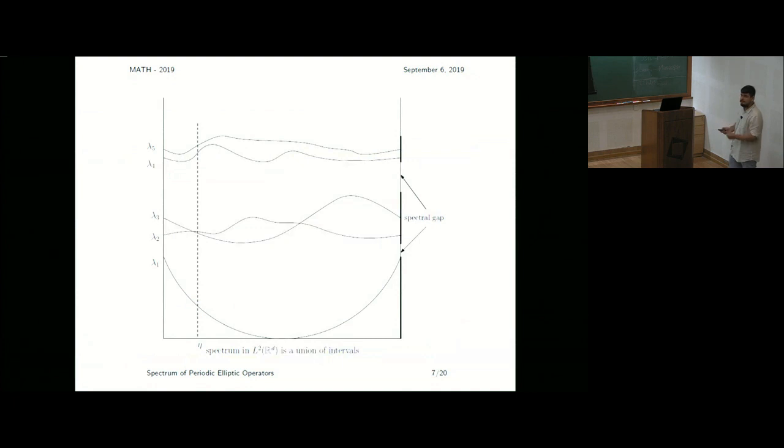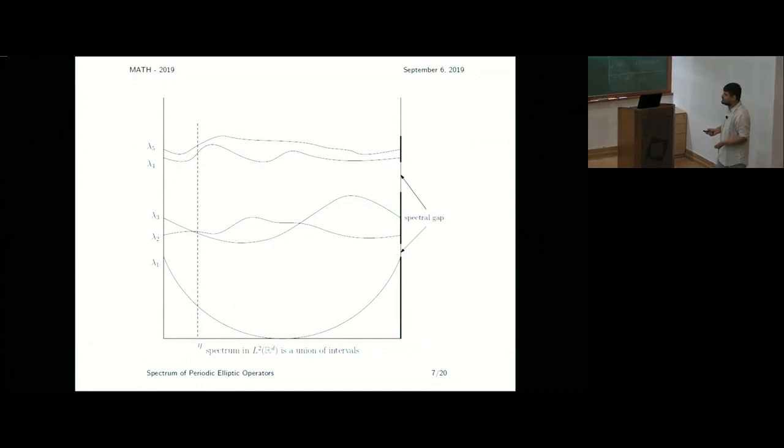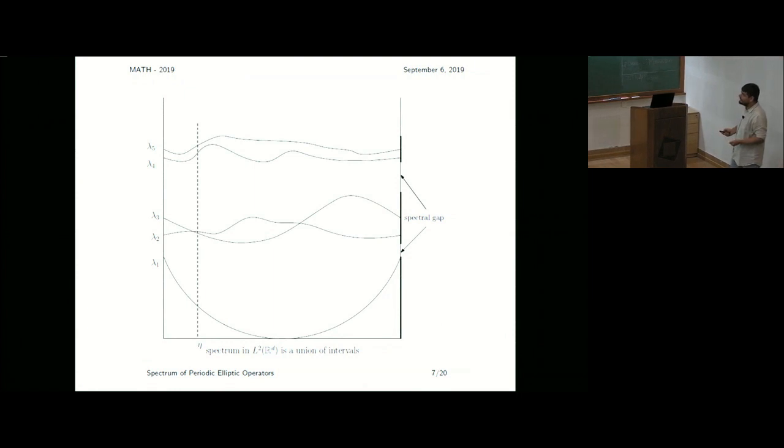This is a schematic picture, so this is not what it would actually look like, but this shows what the Bloch spectrum of a periodic operator would look like. You can see that I have projected the range of Bloch eigenvalues on this side.